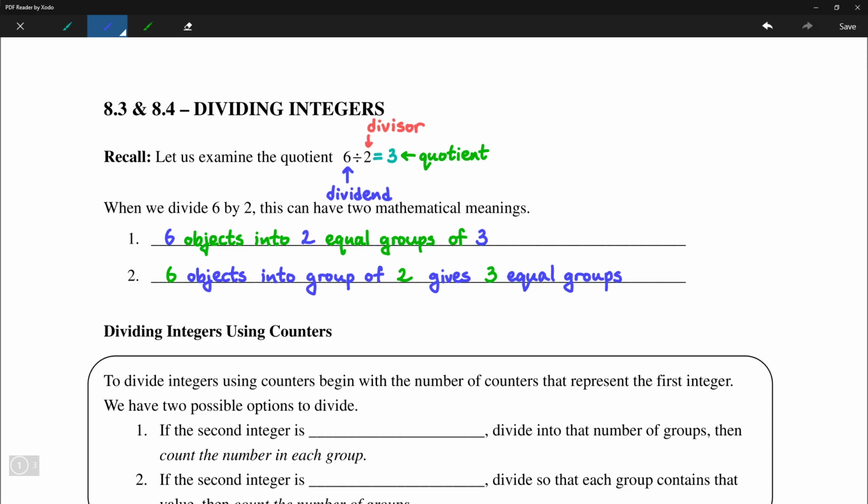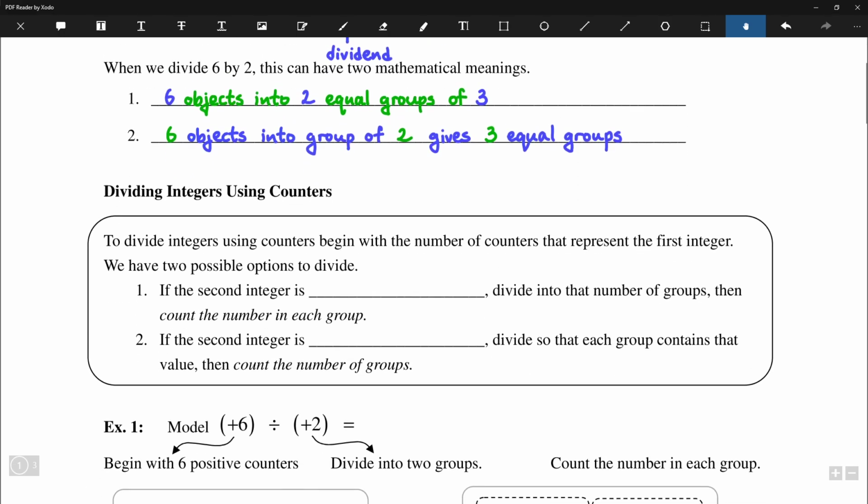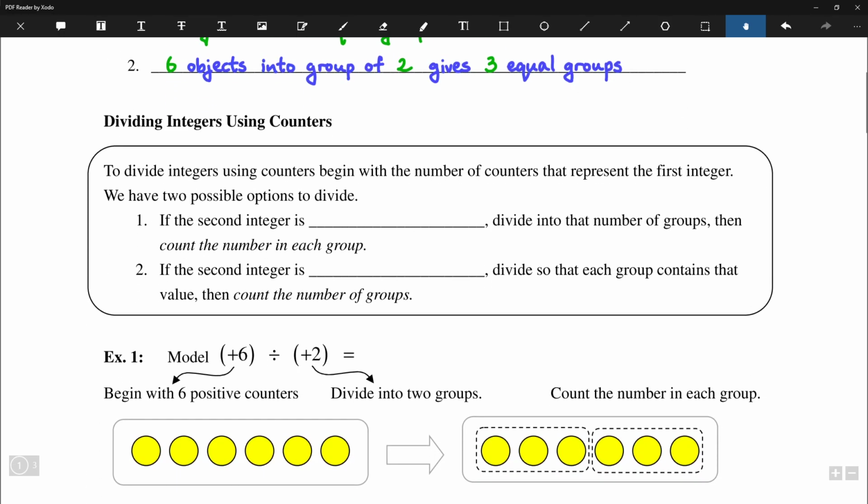Okay, so we are going to use both of these mathematical meanings to look at dividing integers first using counters, and then we'll look at dividing integers using a number line. So to divide integers using counters, the number of counters is going to represent the first integer.